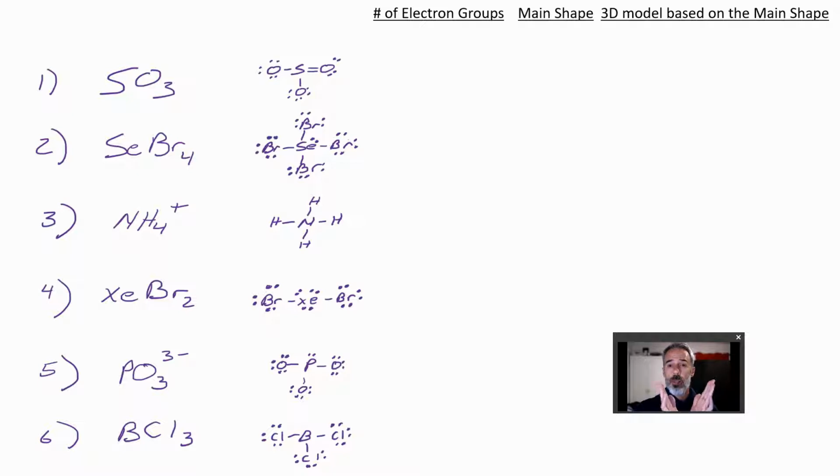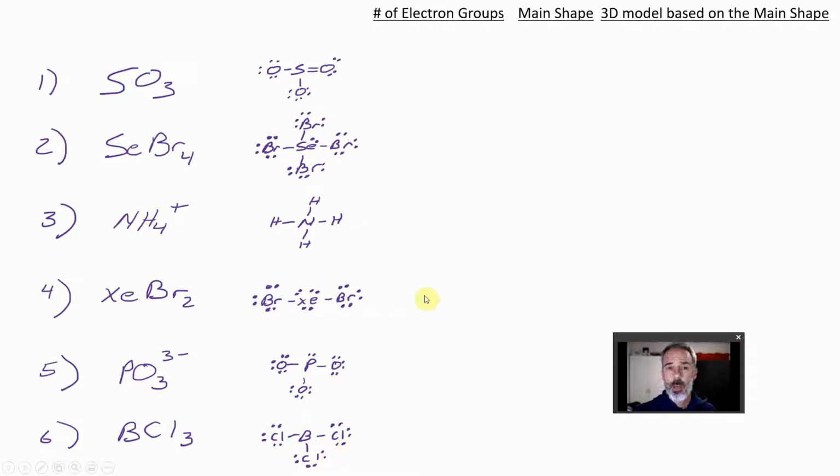So if you have 2 bonds, they're not going to want to be close to each other. They're going to spread as far as they possibly can. And a lot of times just simply knowing that will give you a feeling for the shape. But we're going to figure out how many electron groups there are, decide which one of the 5 main shapes it's going to take on, and then draw a better 3D model of this particular Lewis structure.